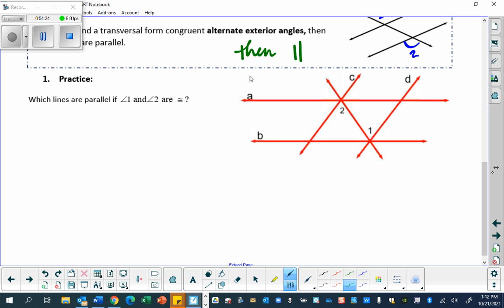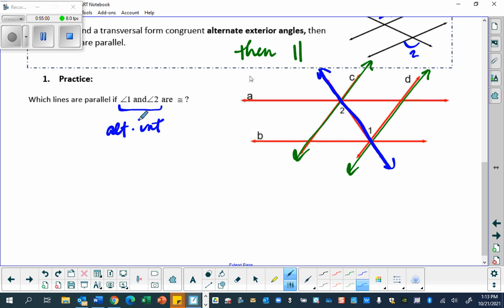Ask your partner which one they think. What relationship do 1 and 2 have? They are alternate interior angles. Yeah, so angles 1 and 2 are alternate interior angles.